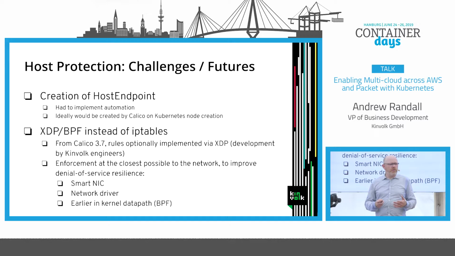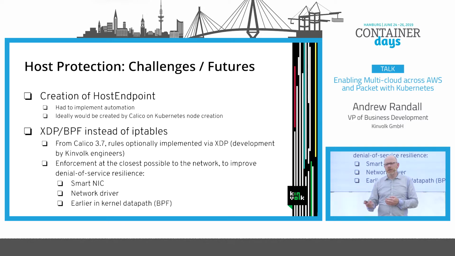The other thing is that our team's been doing some work along with Tigera to implement XDP support in addition to the IP tables support, which is how Calico currently implements these firewall rules. We'd like to try that out because it gives you, certainly in theory and based on the performance profiling we've done, a significant advantage in terms of denial of service prevention because you get a lot earlier in the stack.